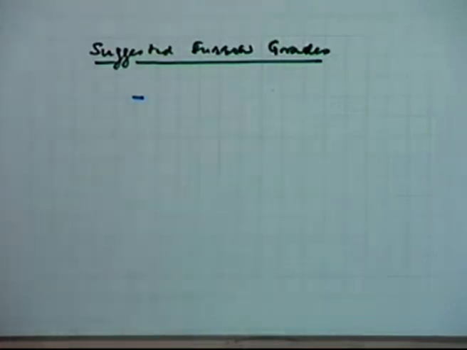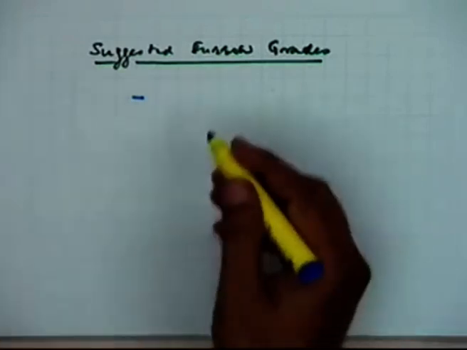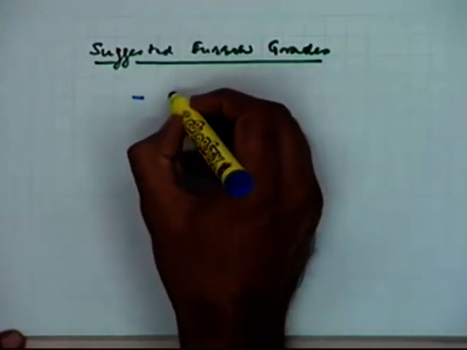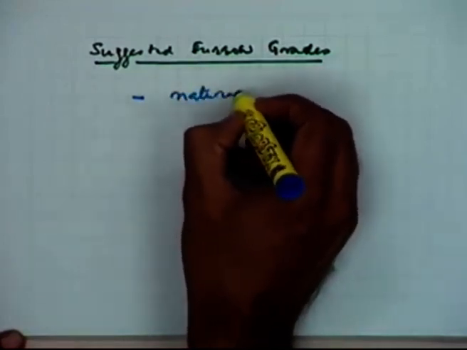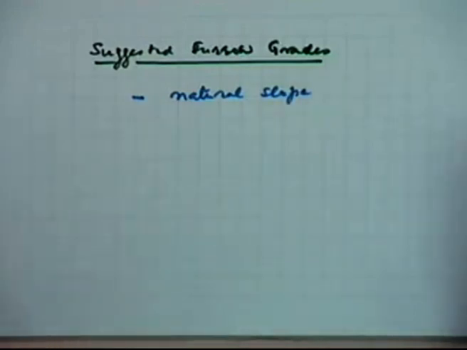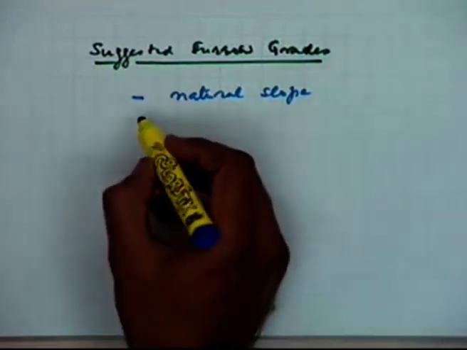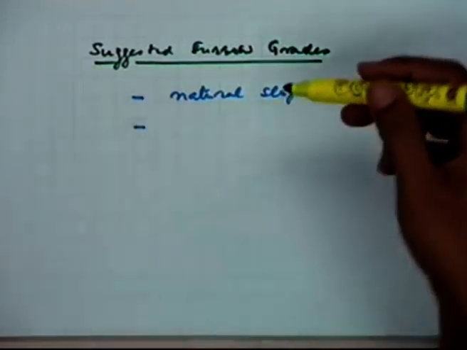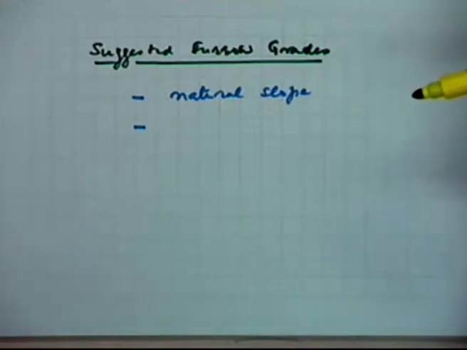If we start from the beginning, when you are trying to bring some area under irrigation, when you are trying to lay the fields, it will basically be a function of what is the prevailing slope. So the natural slope which is prevailing in the area will be the major constraint or major condition which will decide what is the grade to be adopted.